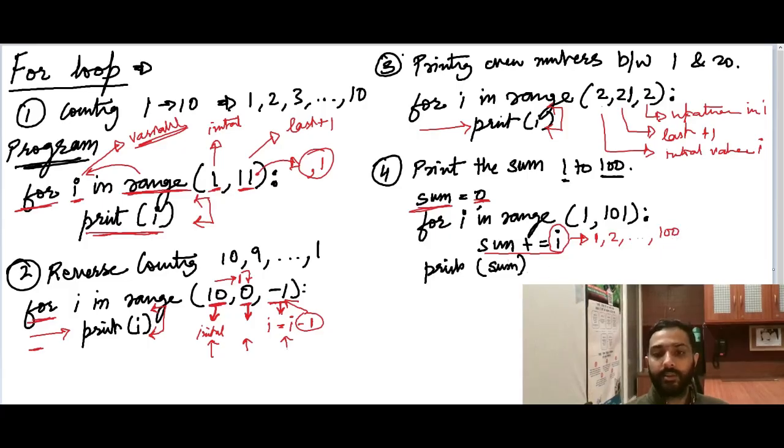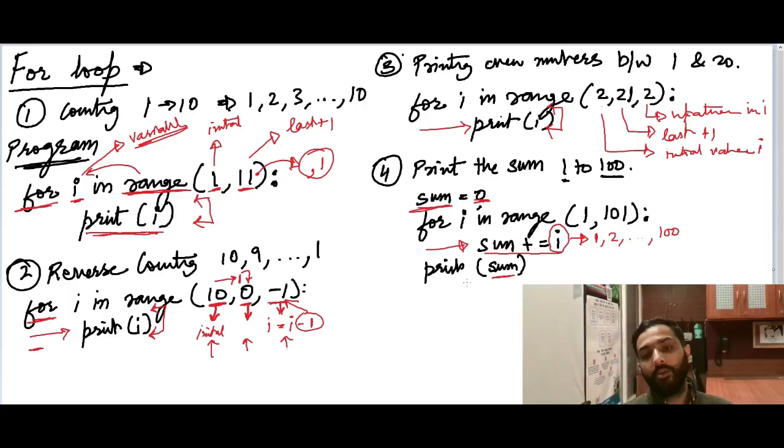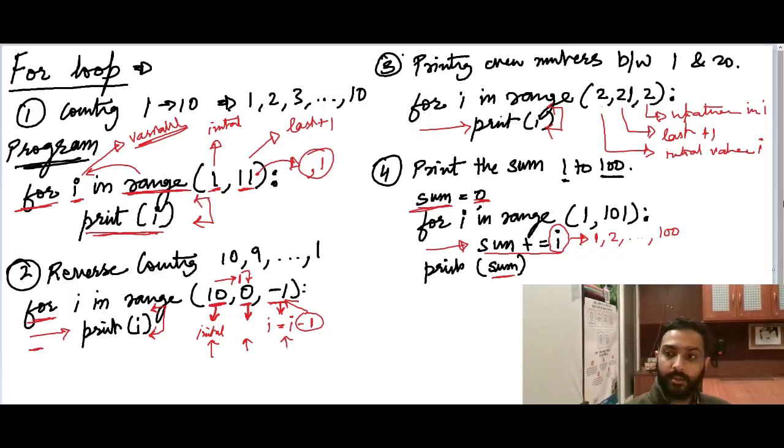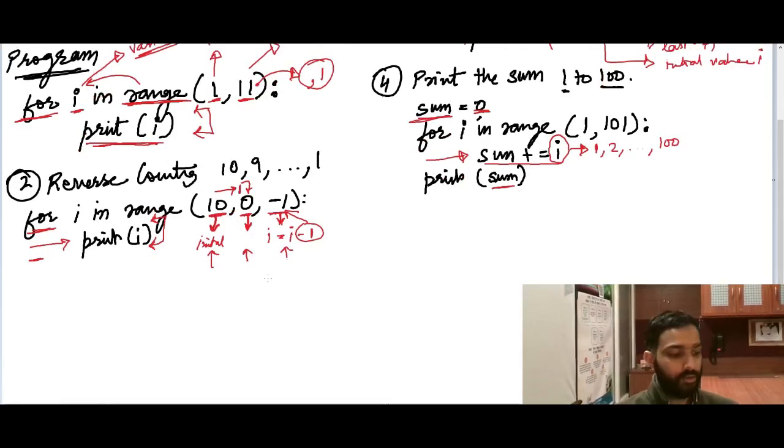After that the loop will stop execution and the program will print the value of sum. I hope this is clear to all. Now let us move on to the next question.